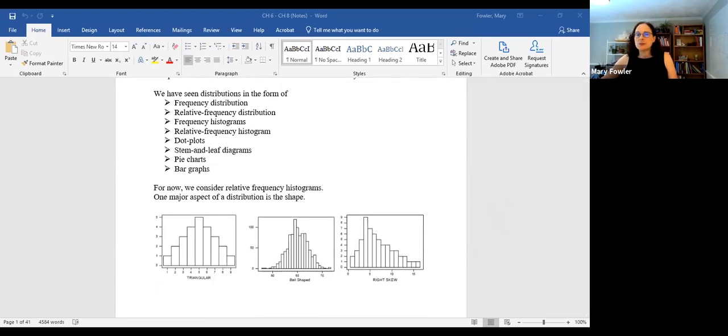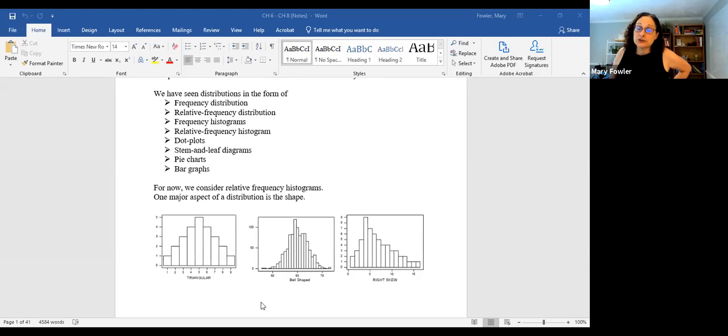So here are some histograms of 3 different distributional shapes. Shape is a significant component of describing a distribution, and shape is also significant for deciding what inferential techniques are appropriate for the data that you're looking at.